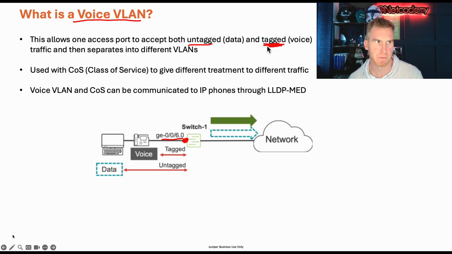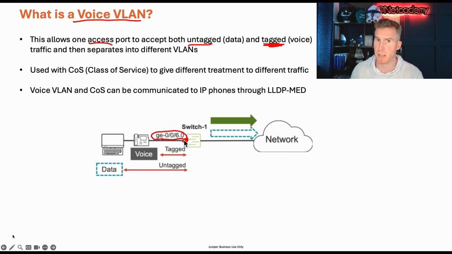But if you think of it from a switching perspective, when you've got that access interface, so there'll be set interfaces ge-0/0/6 family ethernet-switching interface-mode access, it's really then only going to accept untagged traffic.